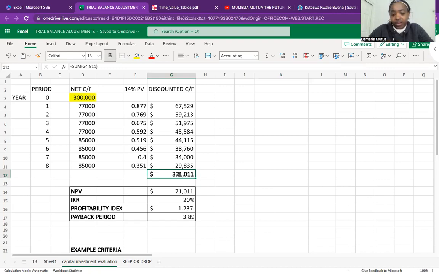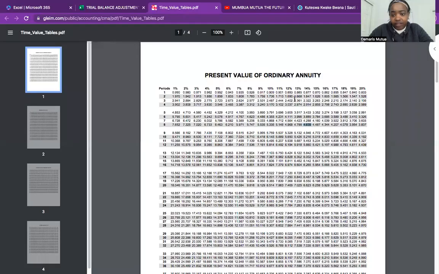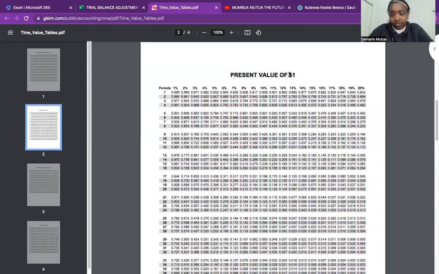So you use a higher discount rate. For example, if we use 20%, you come to your discount table, you take 20%, and this is the present value of $1. You take the discount rate, then you multiply. Then you're able to get the IRR, the internal rate of return of the project.